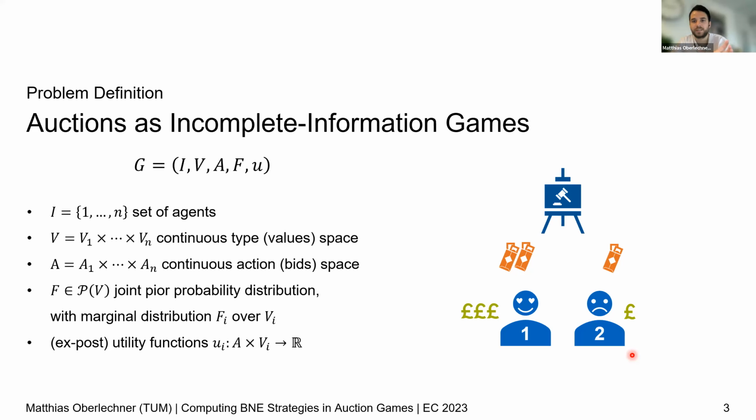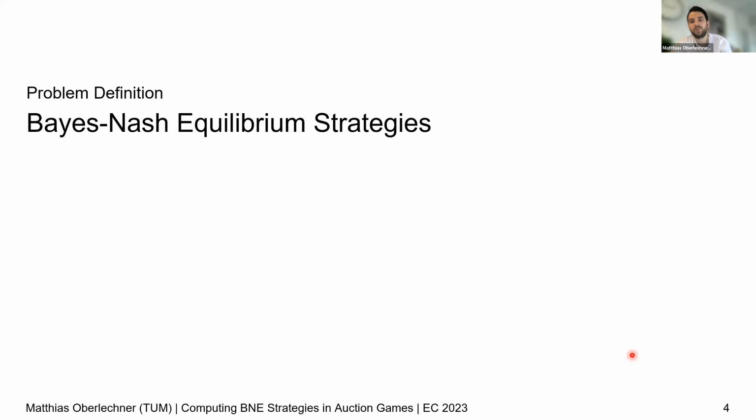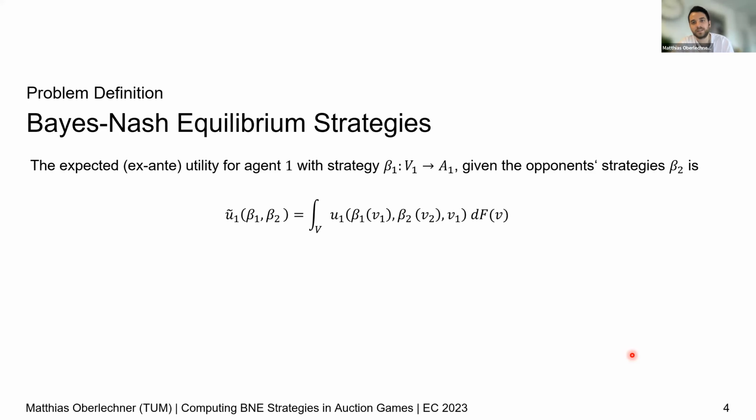So we have this setting we're interested in, and now we want to know how the Bayes Nash equilibrium strategies look like in such settings. And when we talk about strategies, specifically about pure strategies, what we mean are functions that map valuations to actions. So each agent has a strategy, beta, which is a function that maps the observed valuation to an action. So how much they should bid in an auction.